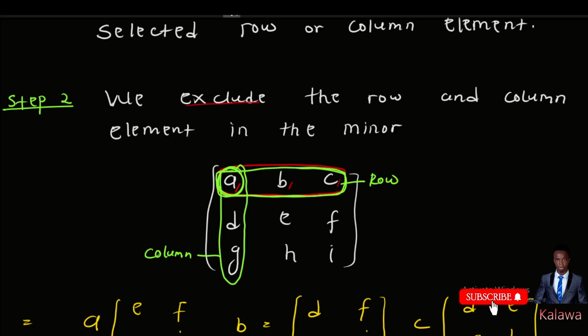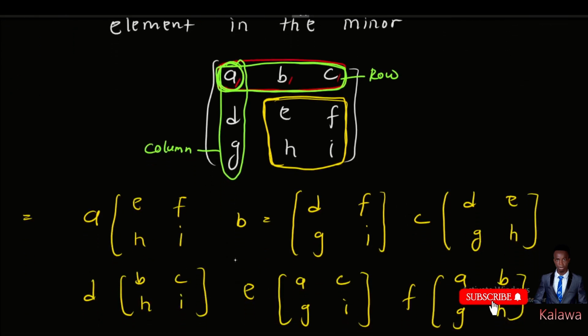So if I have taken the row out and the column out, what is remaining here is the minor, and the minor is E, F, H, I. This is known as the minor for A, because when you have taken the row out and the column out, what is left is E, F, H, and I. So that's the minor for A.